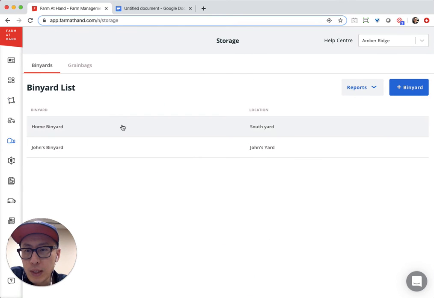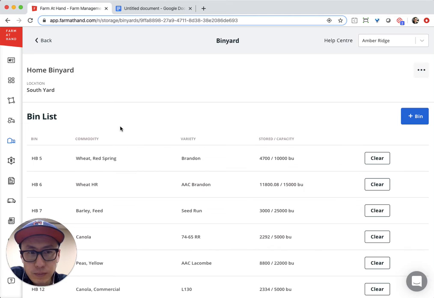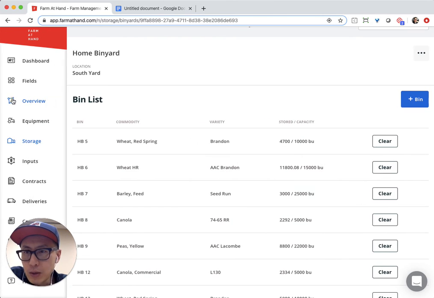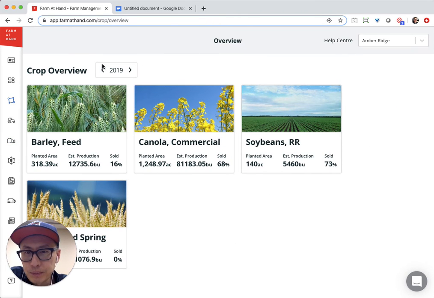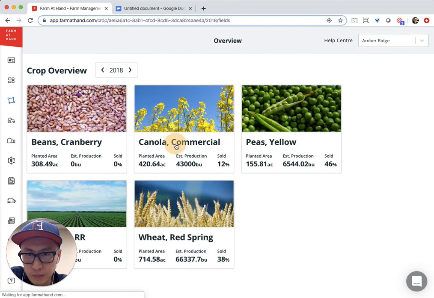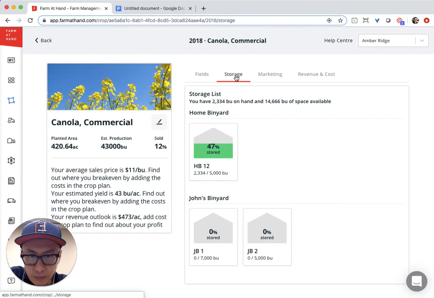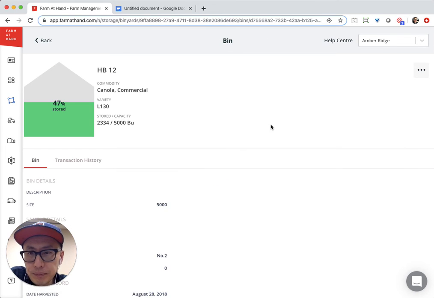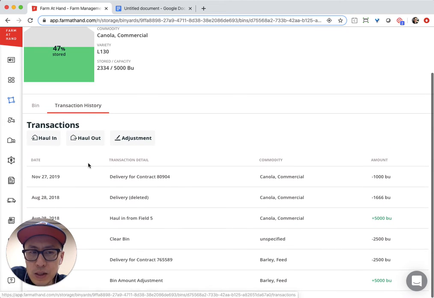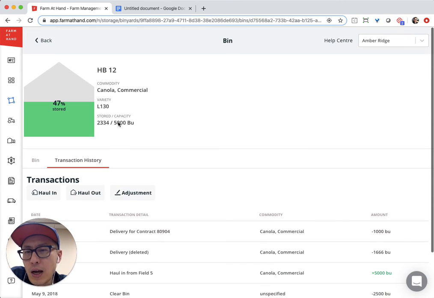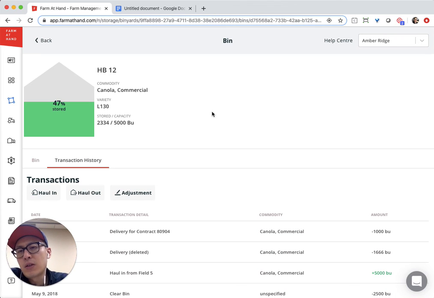So when we look at storage, actually, we'll jump back to the overview here. When you look at the storage, it is always based on what's actually in your bins. You can see here for this one, this is how we got to the transaction history, and that's how we arrived at 2,334 bushels for this bin, and that's as much canola as I have left over.